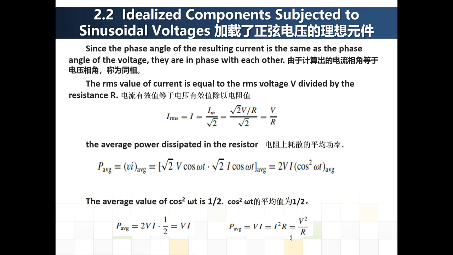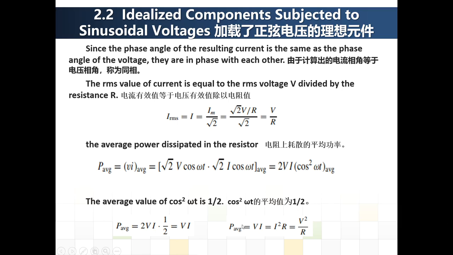The average power dissipated in the resistor is equal to the average of the instantaneous voltage multiplied by the instantaneous current, which equals 2 multiplied by the RMS value of voltage multiplied by the RMS value of current multiplied by the average of cosine squared omega t.